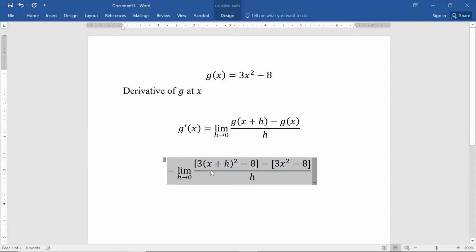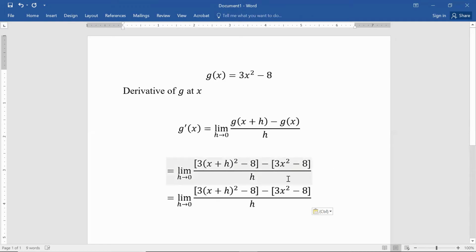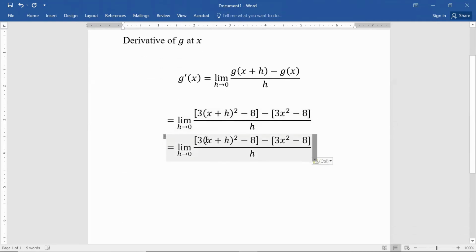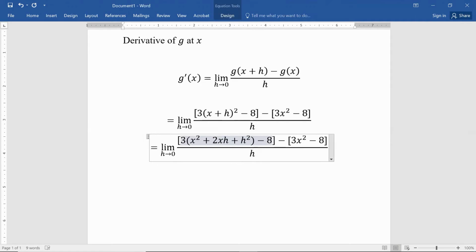Once we have this limit, we're just going to do some algebra here. When you take x plus h and square it, you end up with x squared plus 2xh plus h squared.